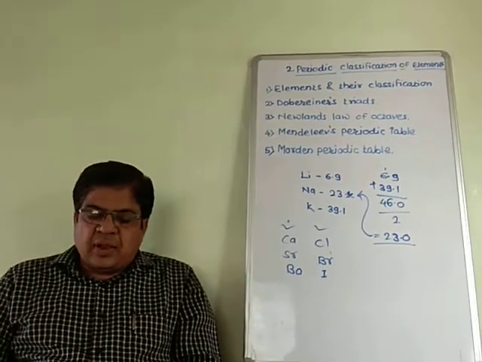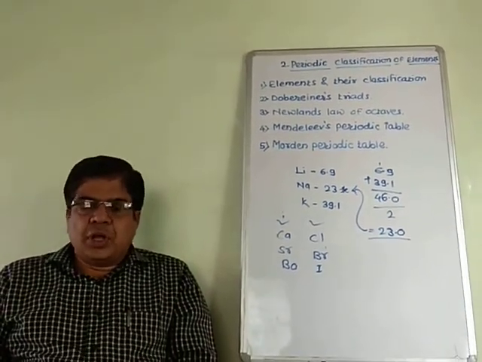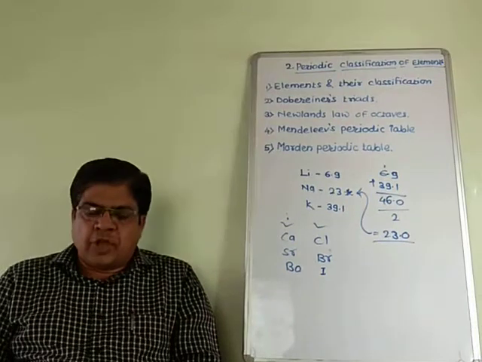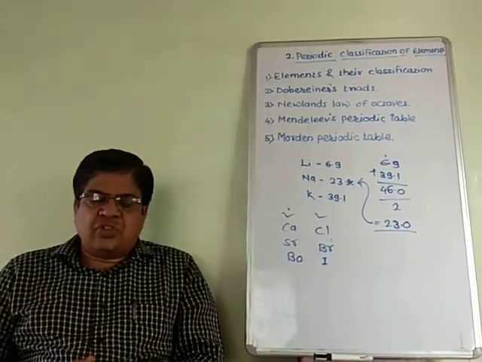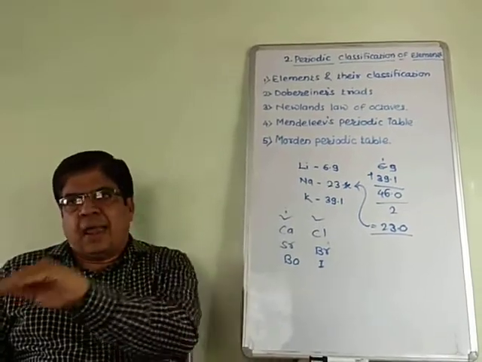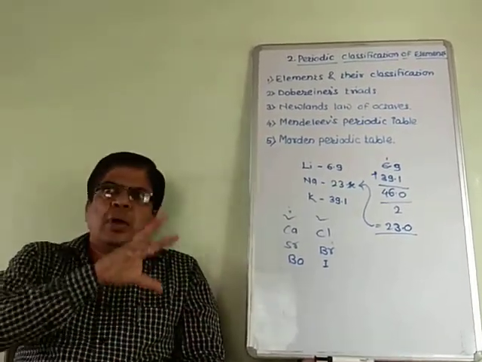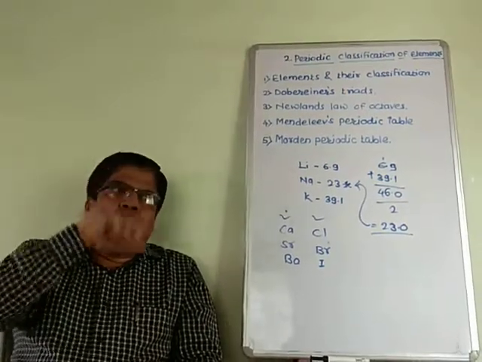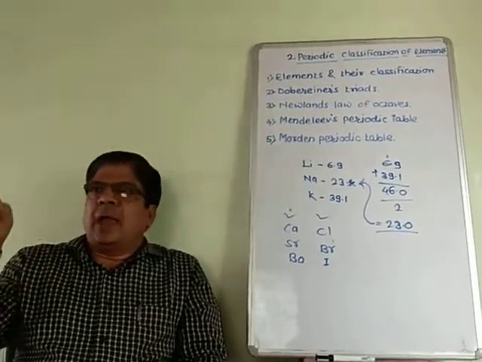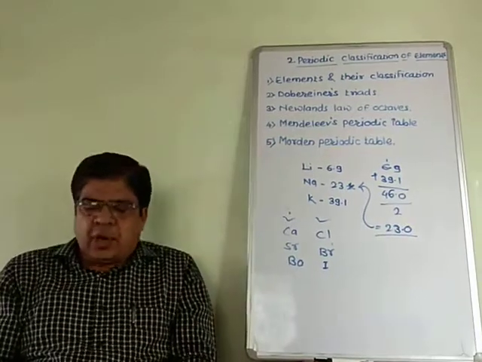The elements in the third period, that is sodium, magnesium, aluminum, silicon, chlorine, argon, have three electronic shells, K, L, M. When we draw electronic configuration, the K orbit, L orbit, M orbit show the electronic configuration.